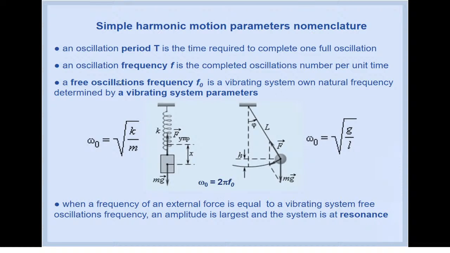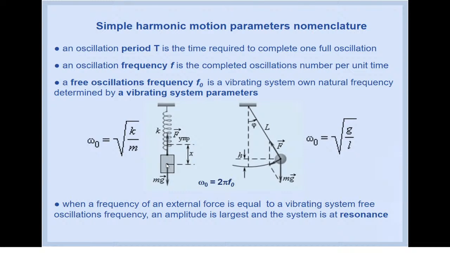And I try to say that the free oscillation frequency is a vibrating system's own natural frequency, determined by the vibrating system's parameters. Look, for this weight on a spring, you can see the circular frequency is determined by the spring coefficient and the mass attached to the spring's free end.